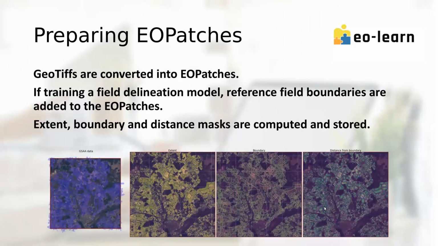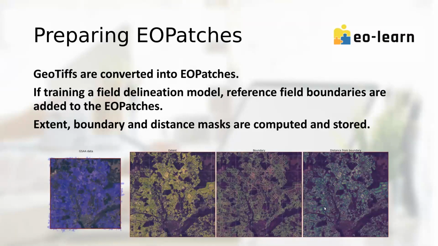That's why we first need to convert the geotiffs that result from the Batch API into EOPatches. And then we need to import the vector reference data to those EOPatches. To do that, the vectors need to be stored in a PostGIS database and are then imported using a task from eo-learn.